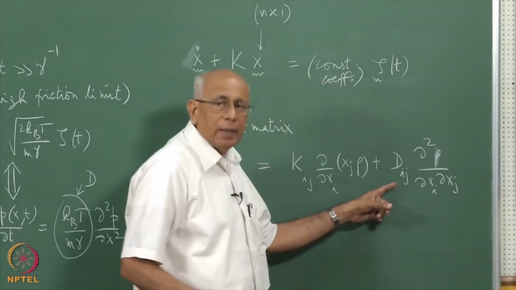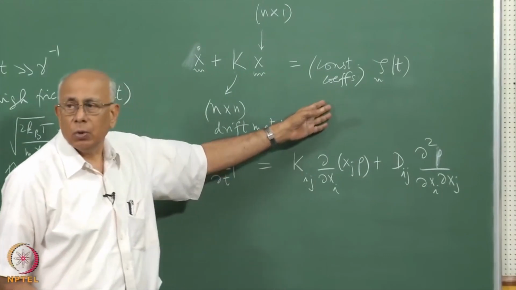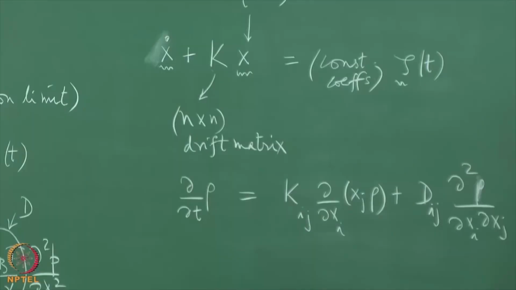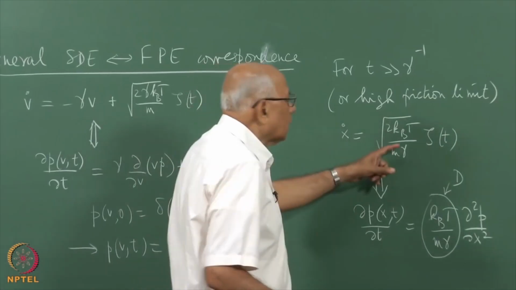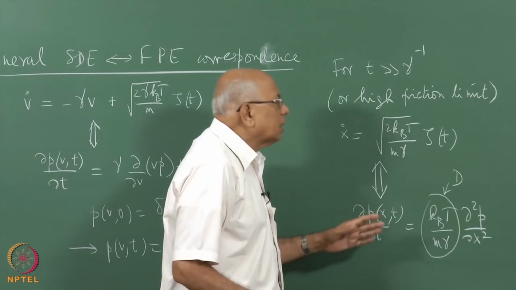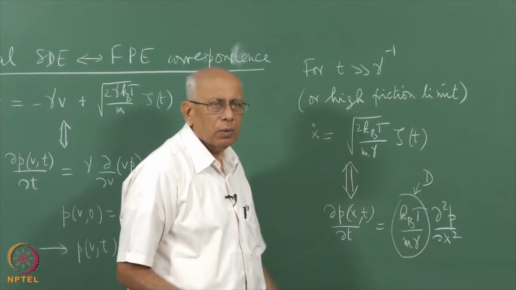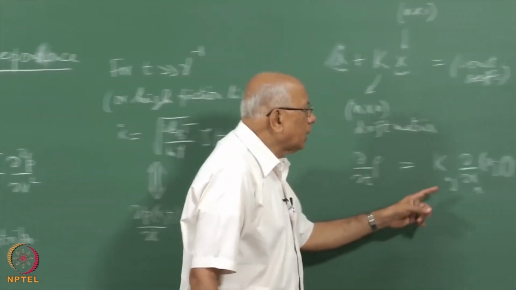This diffusion matrix, there is a definite prescription for finding it from these coefficients. We are going to write it in the more general case, so I am not bothered about writing this down in each special case. Suffice it to say that just like in these cases, this was a constant, this was a constant, and essentially it is the square of this constant divided by 2. But I want to make it a little more systematic. So, you end up with an equation like this.